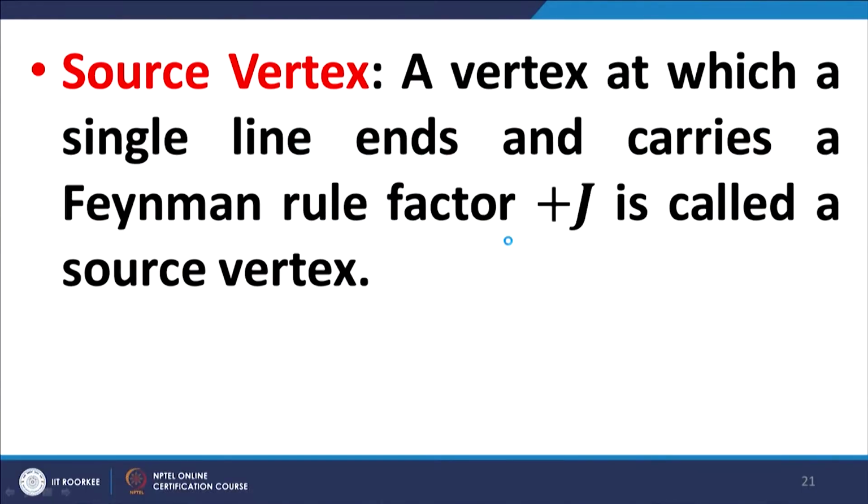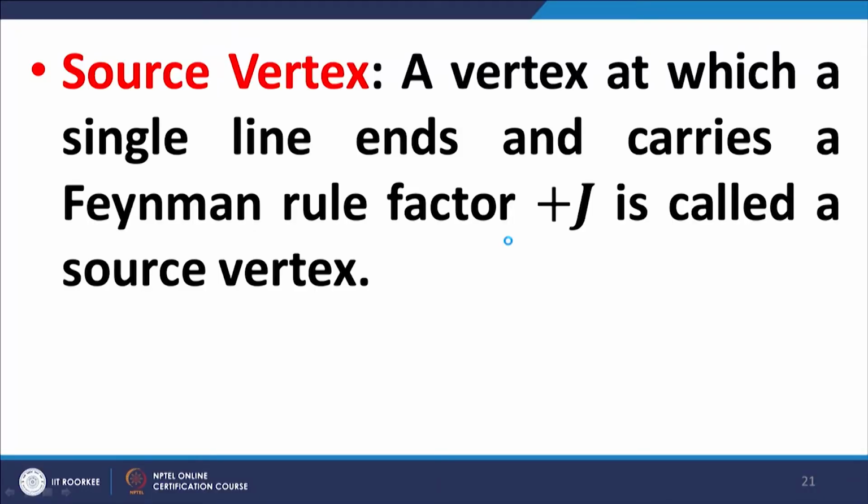Then the source vertex is a vertex at which a single line ends and carries a Feynman rule factor of plus j. This is a source vertex. So, this is some terminology that the viewers need to be accustomed to. Gradually, as we proceed in this course, we shall get more and more conversant with this terminology and the diagrammatics involved.